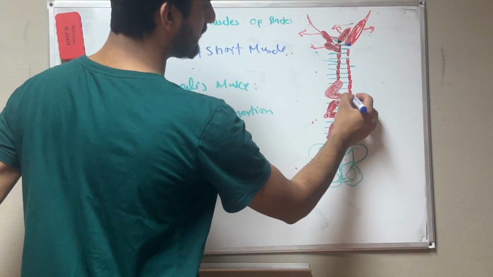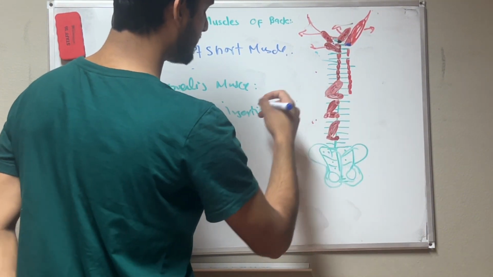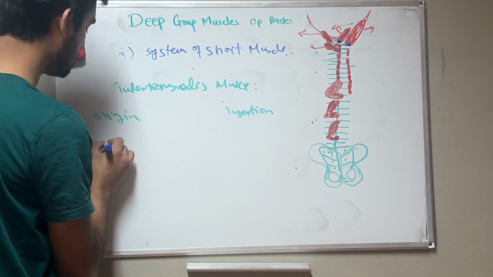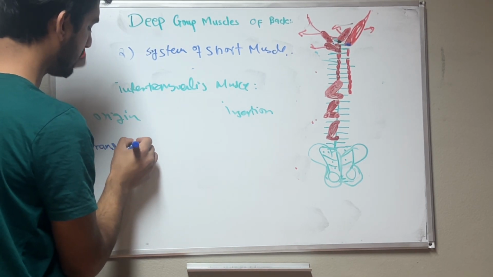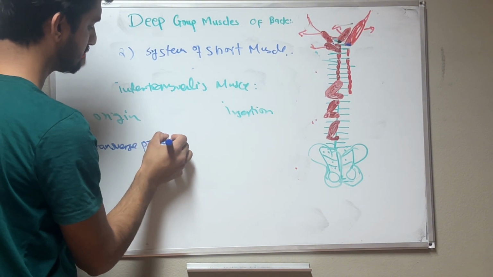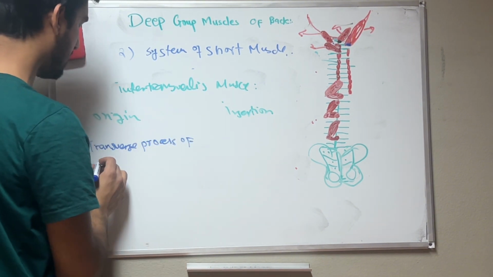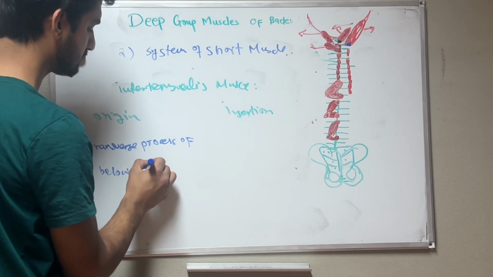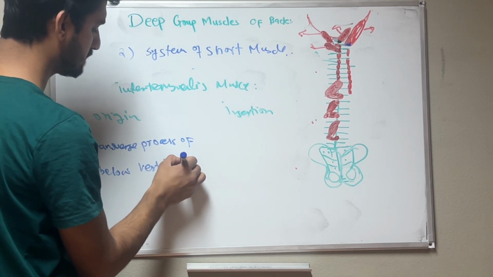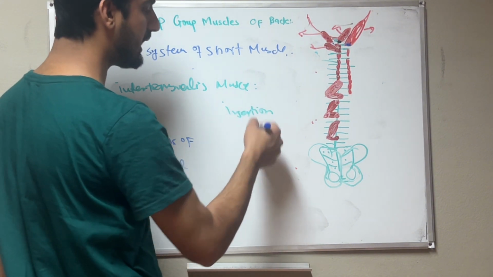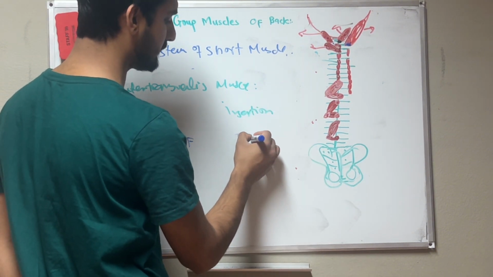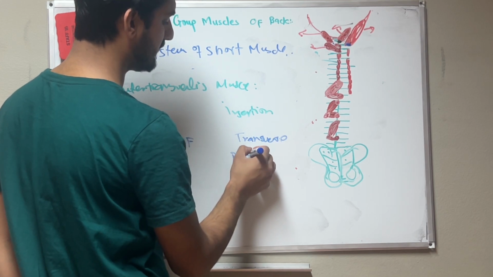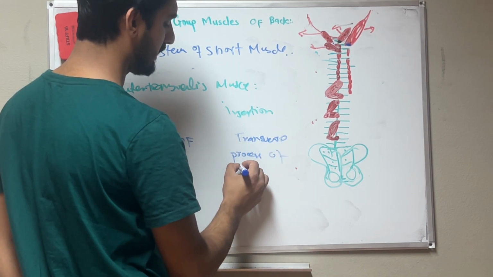Here, this is the transverse process, which I showed with the line. It is originated from the transverse process of the below vertebra and inserted into the transverse process of the above vertebra.